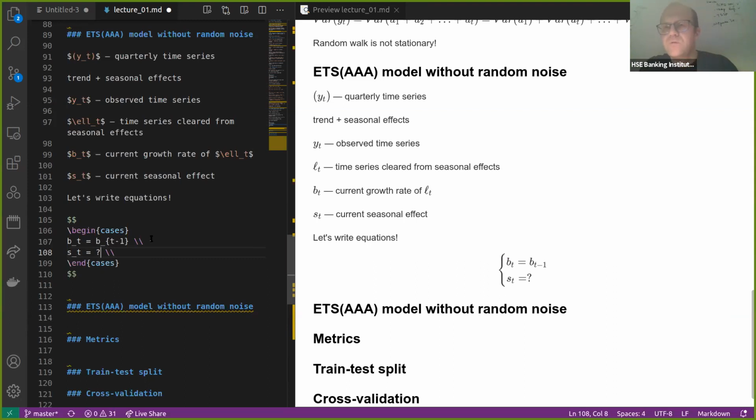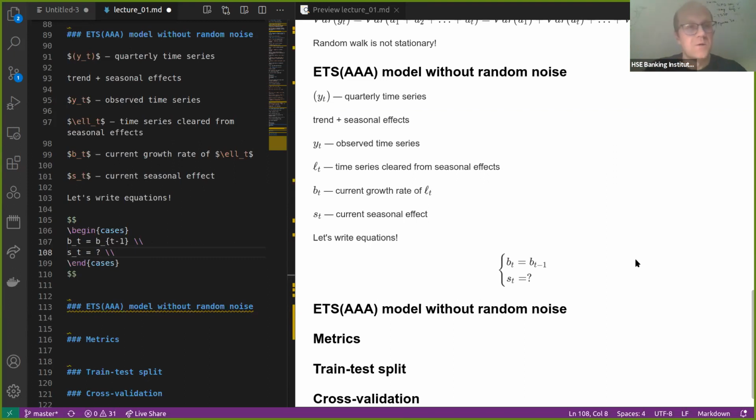What is the value of current seasonal effect? It should be equal to the seasonal effect of past year.